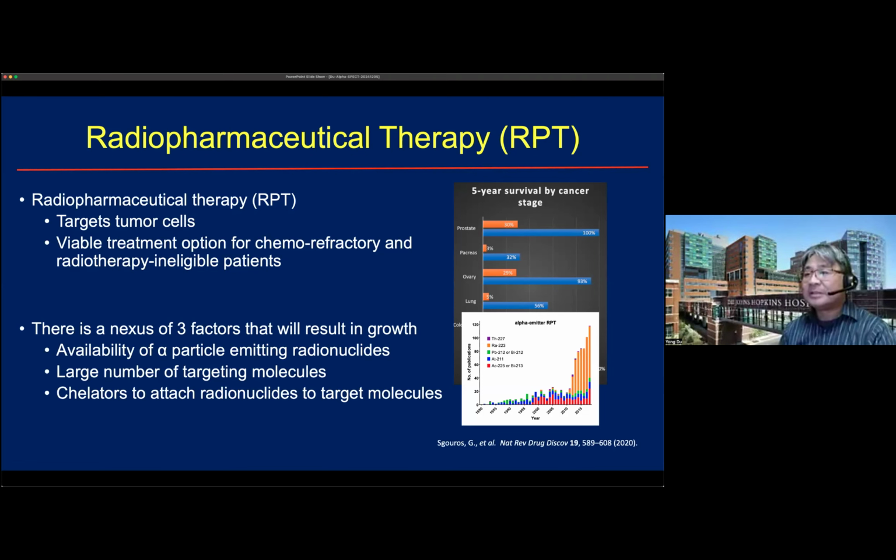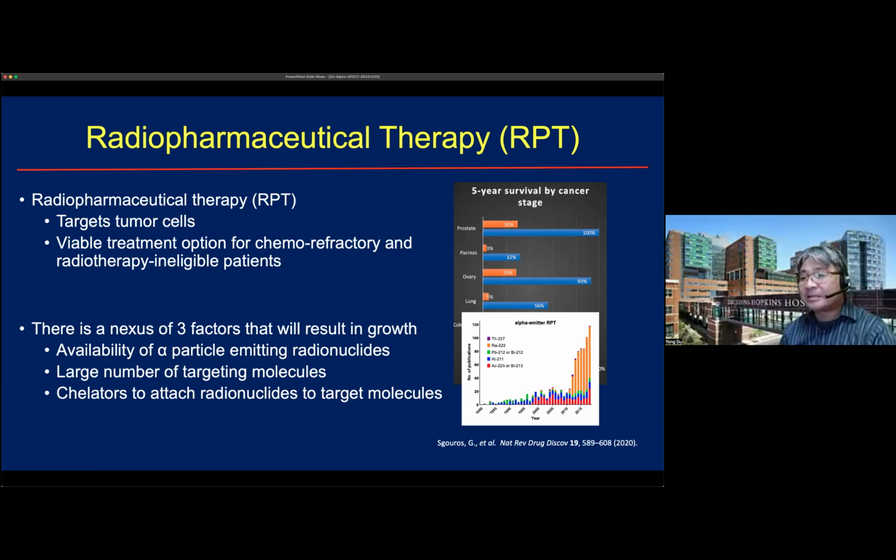And in recent years there's more development in the chelators that can be used to attach these heavy radionuclides to the target molecules. That improves the stability, so we can have useful radiopharmaceuticals to treat patients. All those factors have contributed to the increased interest in radiopharmaceutical therapy for cancers.